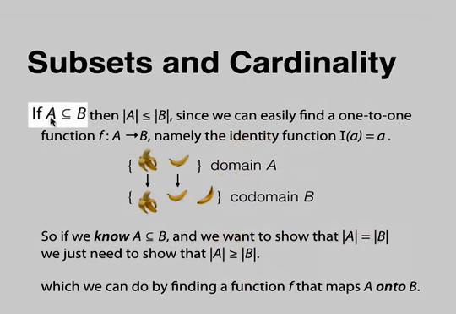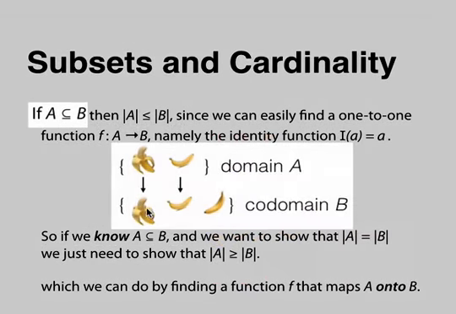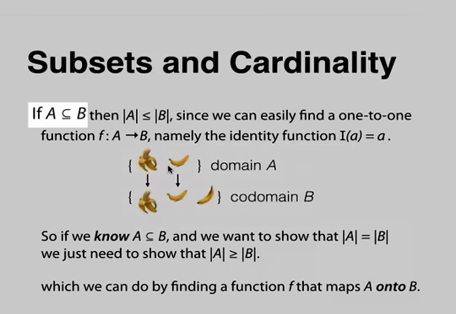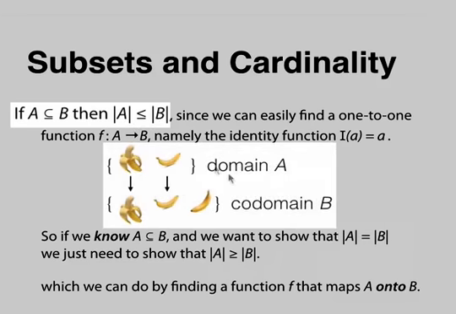So suppose that A is a subset of B. Suppose we had a set B, and then we decide to take a subset of it, like these two bananas here, and that's the set A. Well, if A is a subset of B, then the size of A is at most the size of B, right? That intuitively makes sense, but we could also prove it.